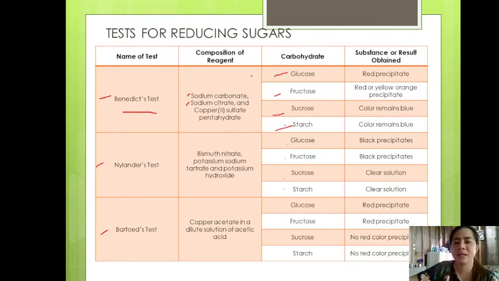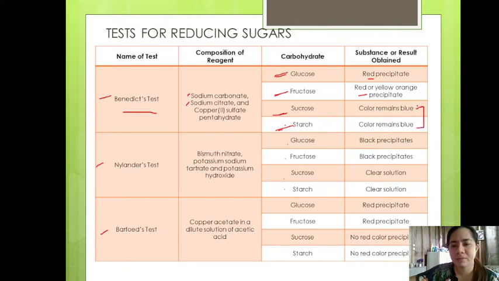For the Benedict's test, when the reagent is added, glucose and fructose will form a red or yellow-orange precipitate. When sucrose and starch are added, it will remain blue.